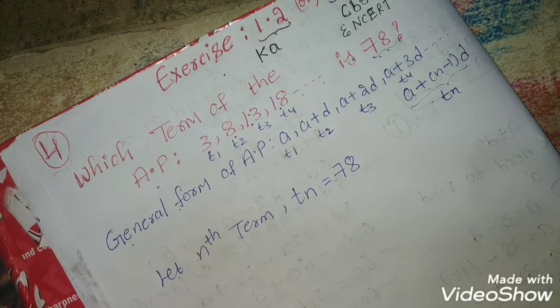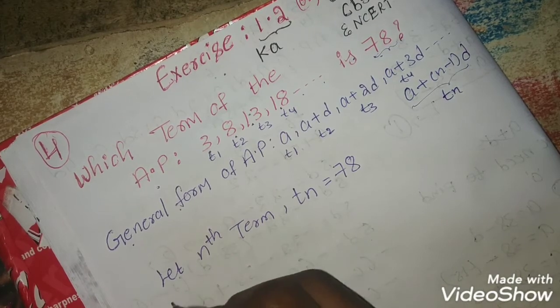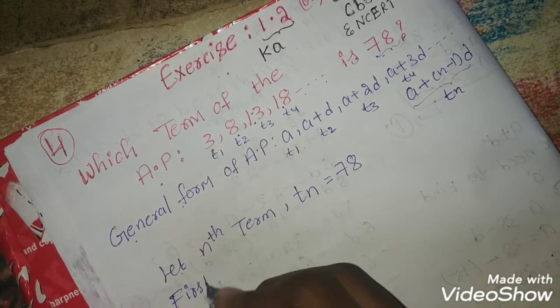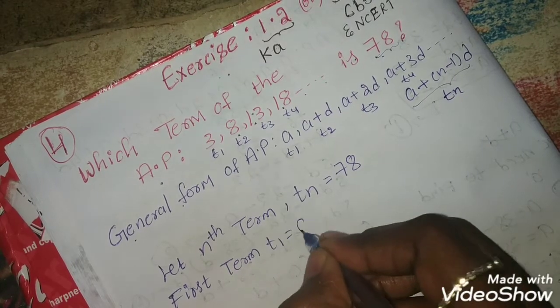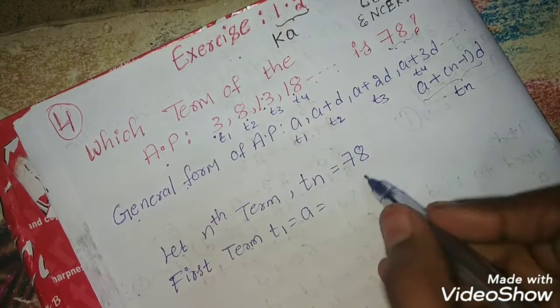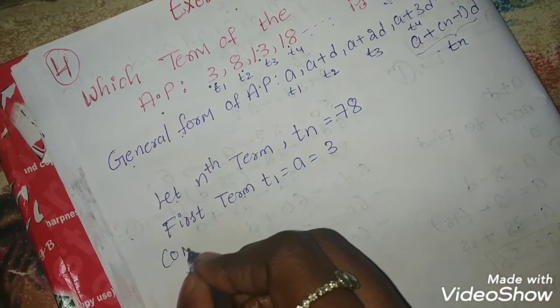Just assume that the nth term is 78. What is the first term here? First term, T1 is equal to a equal to 3.